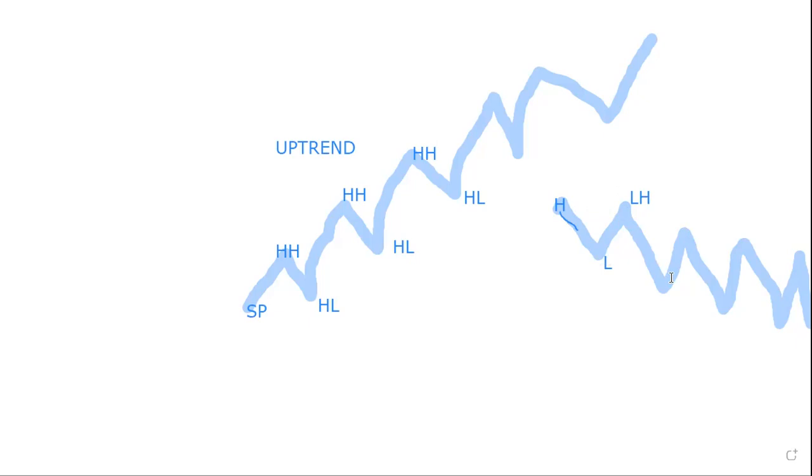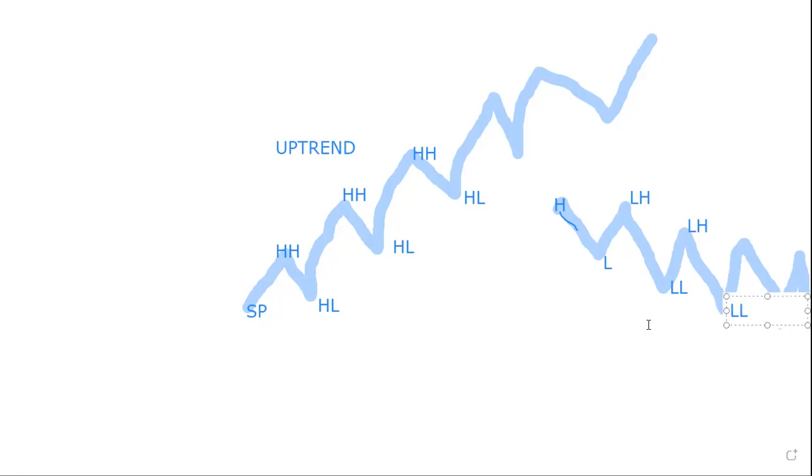That's your descending staircase. Uptrend is your ascending staircase. So it's easier to understand when you picture it like that. So we have a lower low. Lower high. And then we have a lower low.